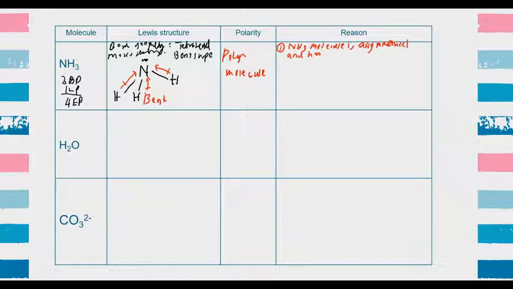And has one lone pair and 3 polar bond, which is antara N dan juga H. Okay.